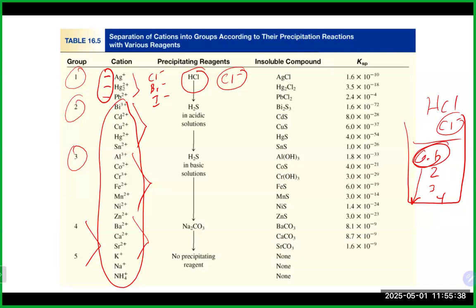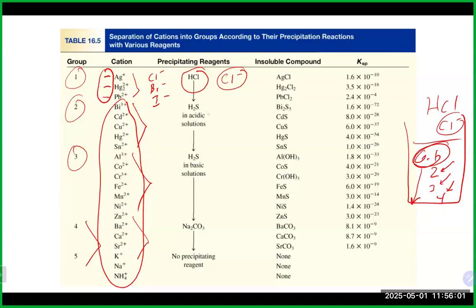Here, you would precipitate out all the group 1 ions. Chloride is going to do nothing for the other ions in those groups, and they're going to stay in the actual solution floating around. And that would then allow you to, for example, centrifuge off the liquid, keep the solid, and you then could go separate out each of the individual ions in group 1 and do some tests for them.